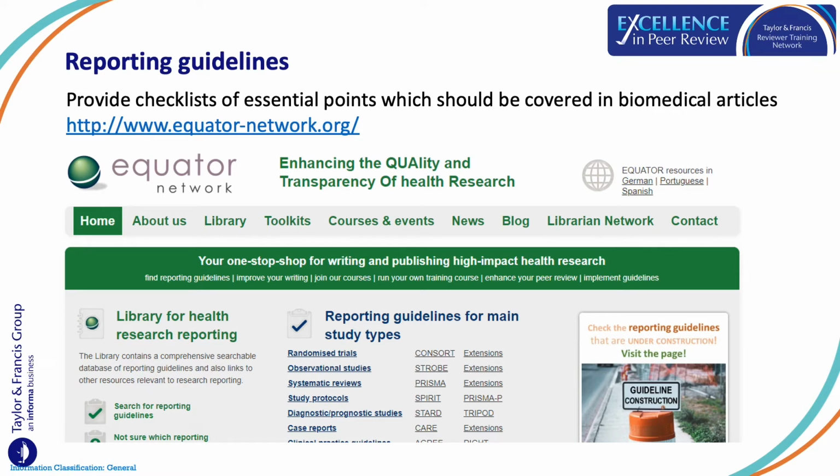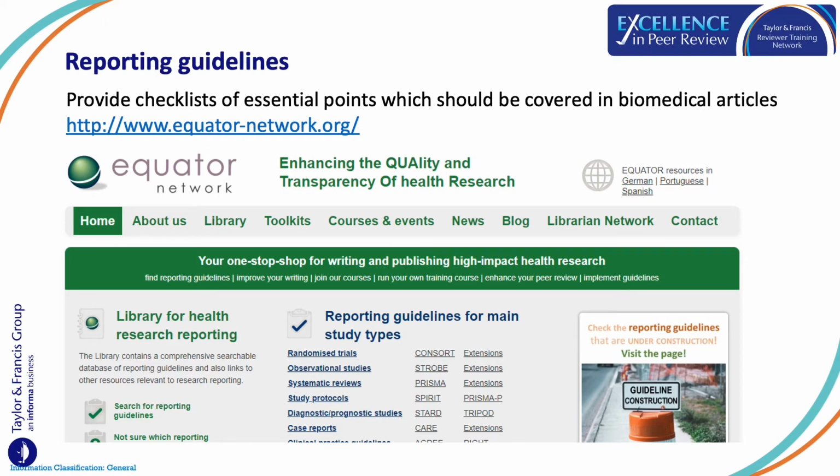Some journals may require the authors to provide the completed checklist for a submitted paper, indicating where each checklist item has been addressed. On the other hand, reporting guidelines are also helpful for reviewers. It's good practice for a reviewer to examine the checklist, if provided, to ensure that all items have been adequately addressed.